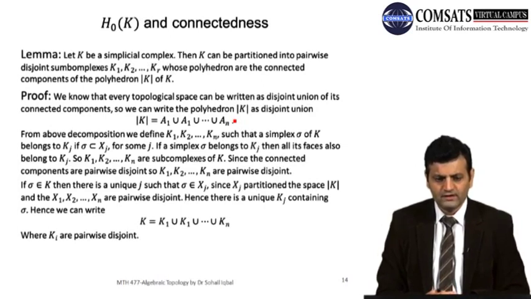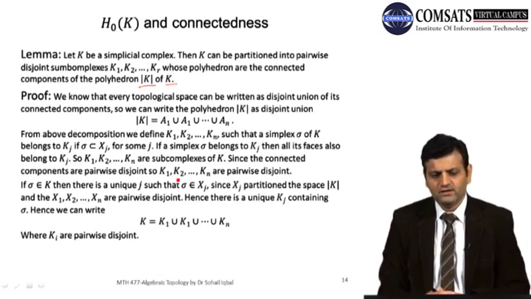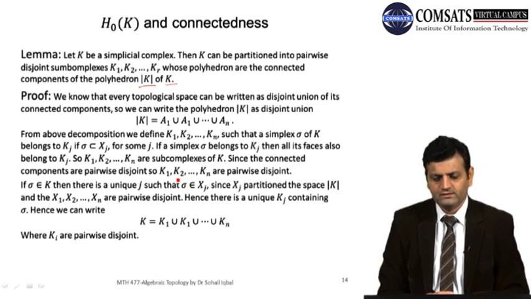Our first lemma is: if we have a simplicial complex, then K can be partitioned into pairwise disjoint subcomplexes whose polyhedra are the connected components of the polyhedron, the underlying space of K. This underlying space of K is a subspace of Euclidean space, and under the usual topology in Euclidean space, we can say that it can be written as a disjoint union of its components.